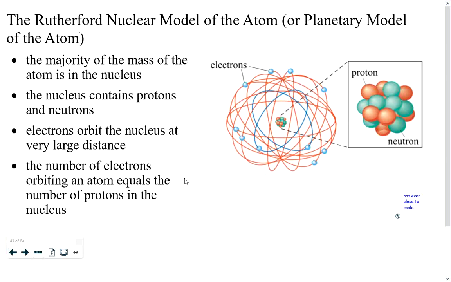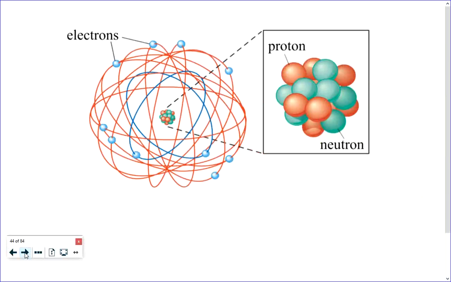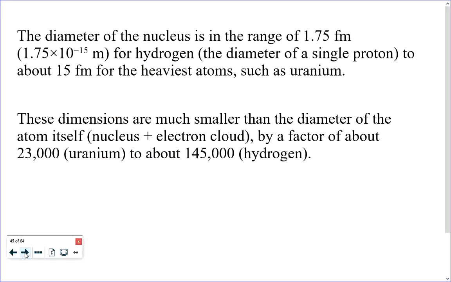Now it depends on the atom. I'll give you some numbers here which you don't need to know, but which are useful in our conversation. The diameter of a typical run-of-the-mill atom is around that.